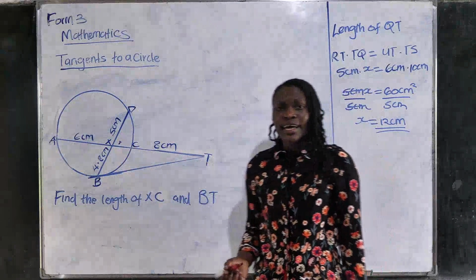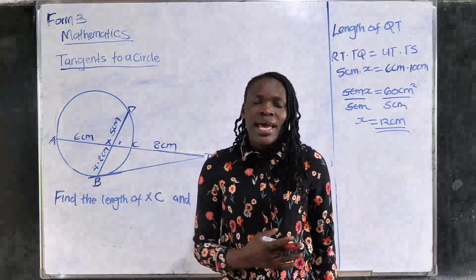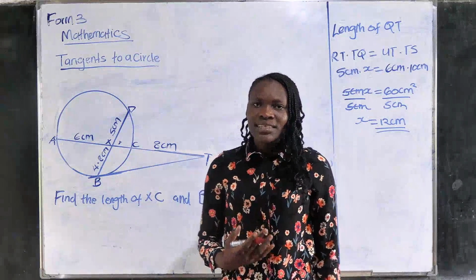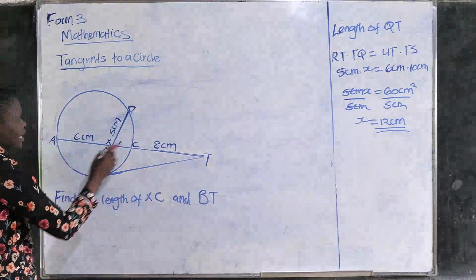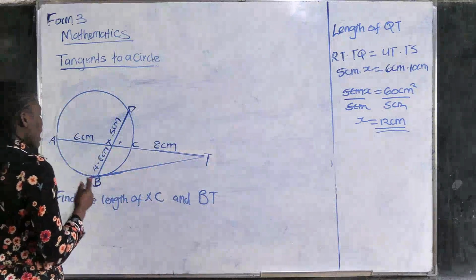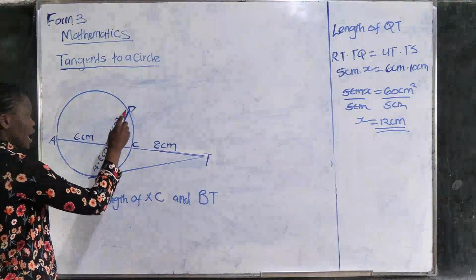For us to find that, we are going to use the properties of intersecting chords. The property says AX times CX should give us the same value as BX times DX.